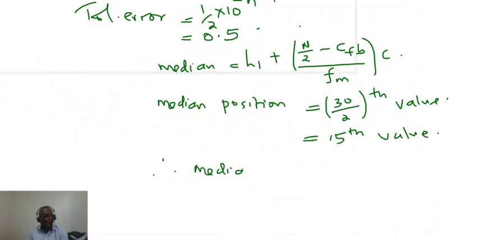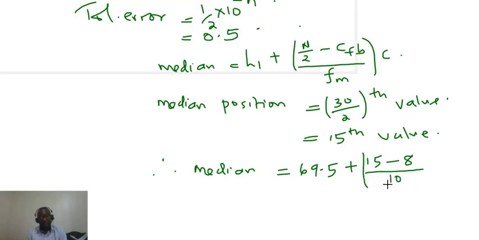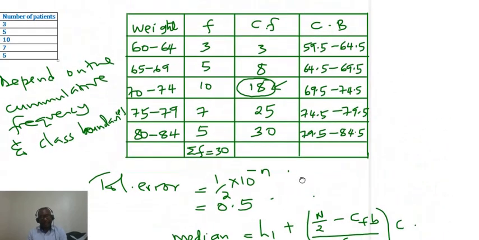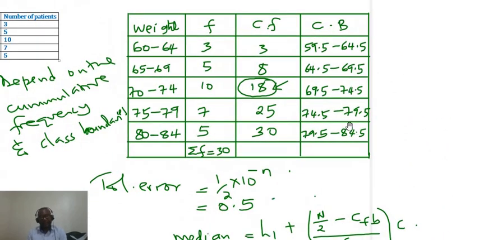Therefore, median is going to be 69.5 plus, that's the lower class boundary, n over 2 gives us 15, minus cumulative frequency before, which was 8, divided by frequency of the median class, we got it as 10, then times the class width. Our class width here is 5. We just get the upper class boundary minus the lower class boundary. So 74.5 minus 69.5 gives us 5 as the class width.